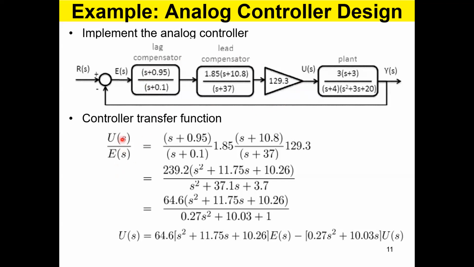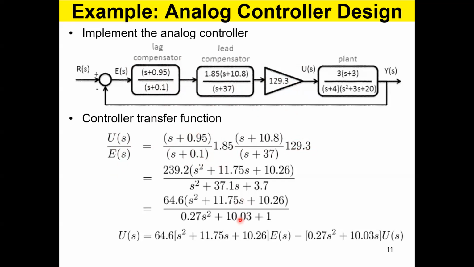Now, if you write down the equation for the controller, U(s) over E(s), U(s) is over here, E(s) is over here. You cascade these three blocks: S plus 0.95 over S plus 0.1, that is the lag. Then 1.85 times this one is the lead compensator, and 129.3 is the bandwidth opening gain.